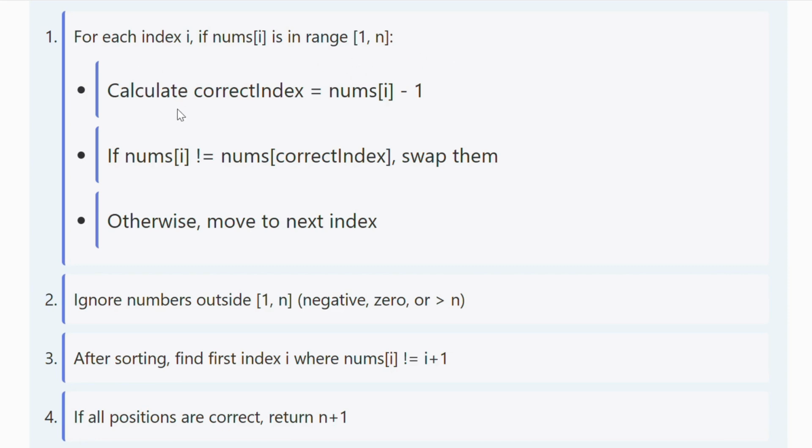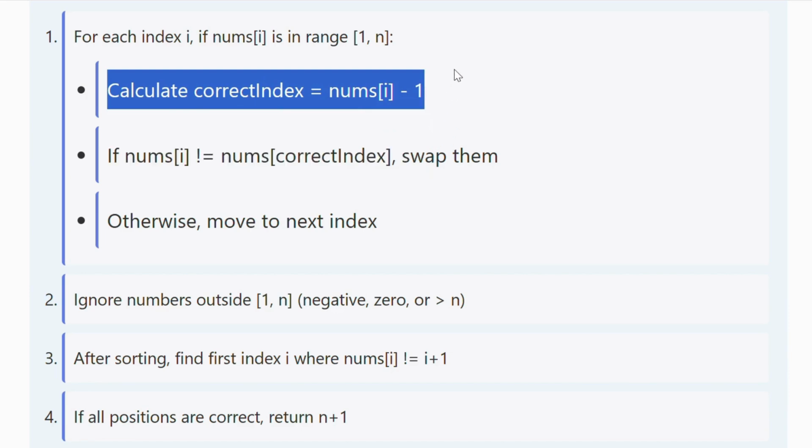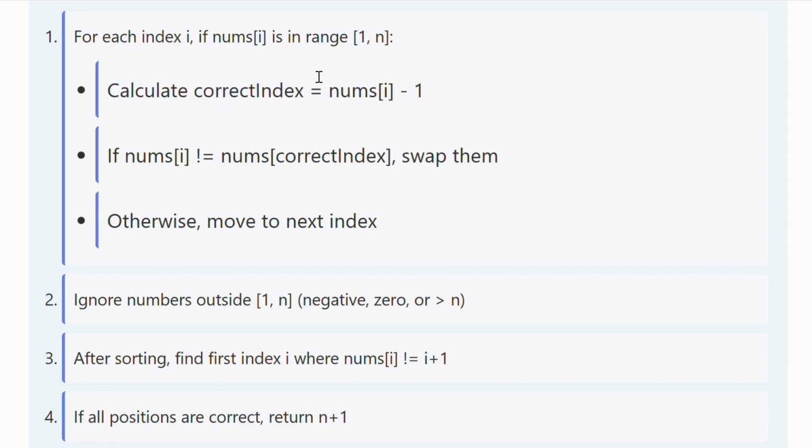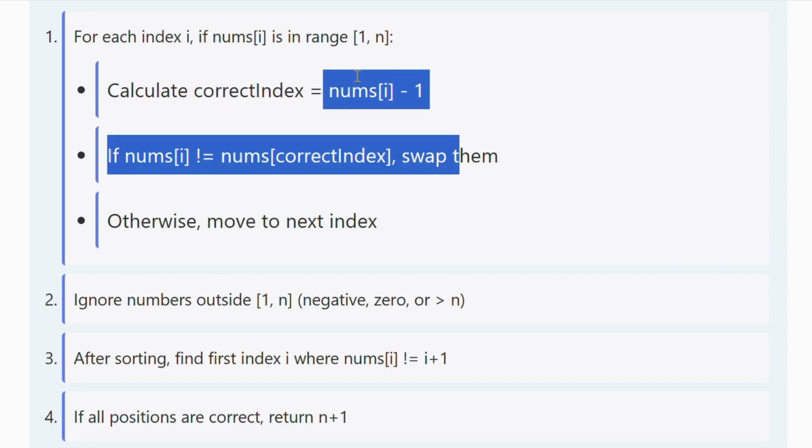So let's see what is the solution here. Firstly, we have to calculate the correct index as we did in all previous questions, right? So this is our correct index, in which we have to place the exact number which we have.